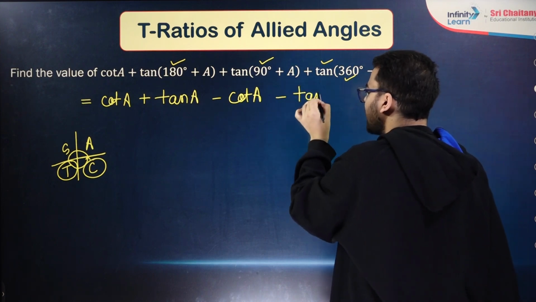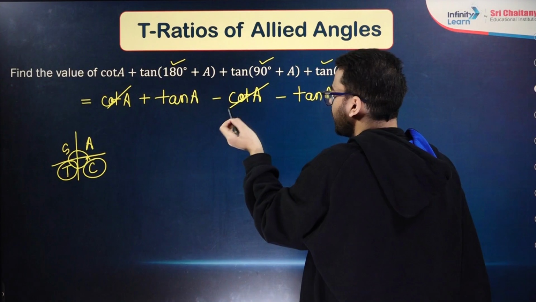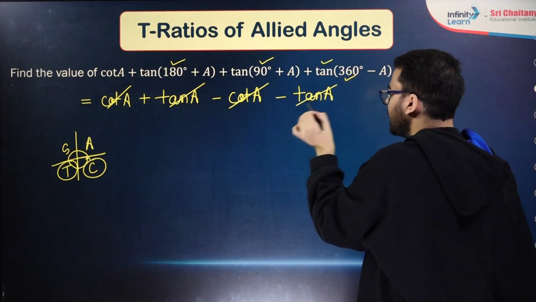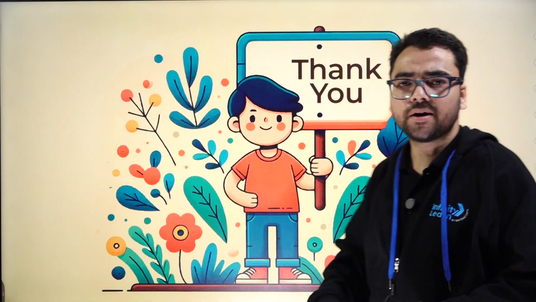So minus tan A. So this is the expression. You see cot A and cot A will be cancelled out. Tan A and tan A will be cancelled out. 0 is the answer. So that is a very important concept, guys, from any examination point of view, starting from grade 10, including Olympiads. And obviously after that, if you go to class 11 and start preparing for IIT JEE, or even your board exams, these things will be very much important.